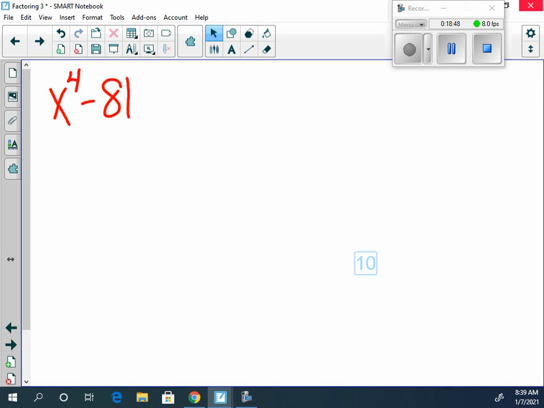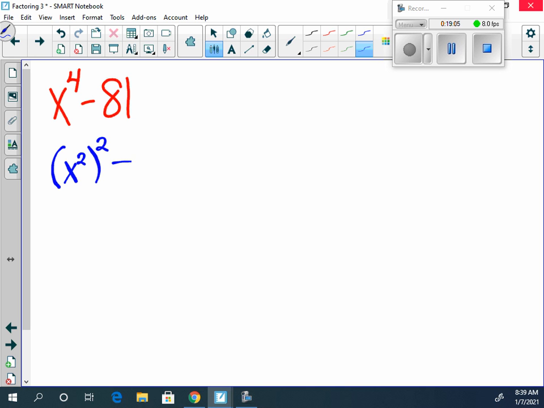Ooh, I like this one better. X to the 4th minus 81. So this is similar to what we just did. Because I could rewrite this as x squared, squared, minus what? 9 squared.